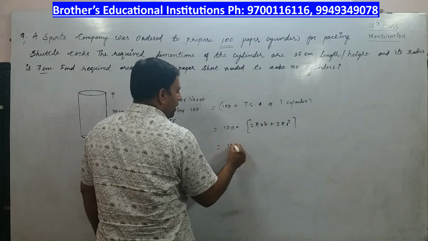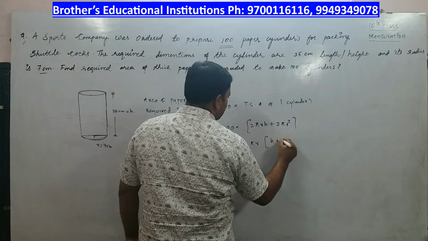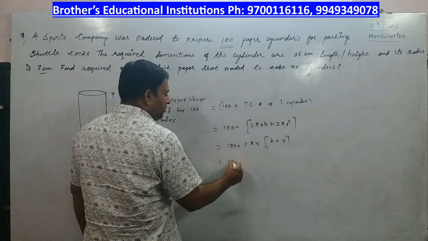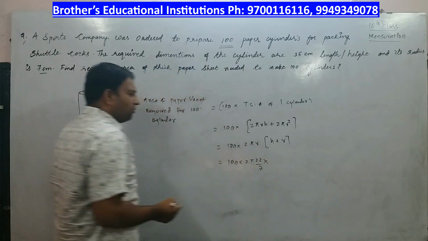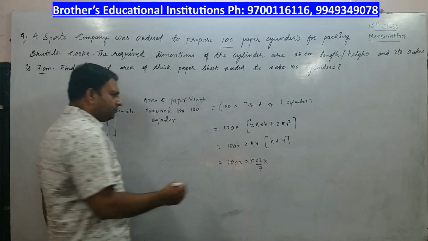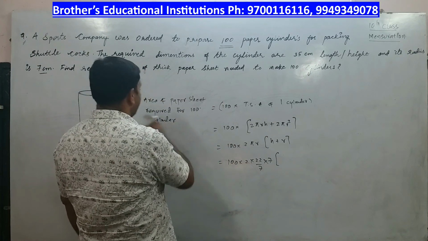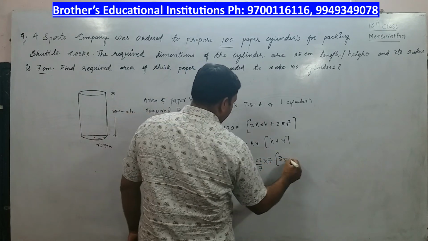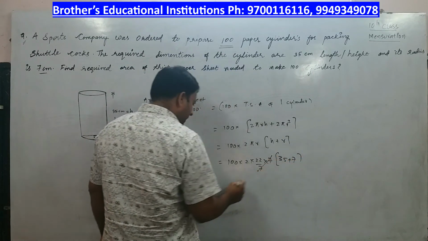So 100 into 2 pi r is common, it is h plus r. Now let me substitute the values. 100 into 2 into 22 upon 7 into what is r? R is 7, into again what is h? H is the height of the cylinder, which is 35, plus what is r? R is again 7.